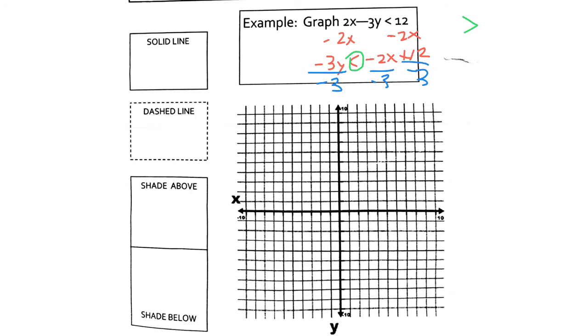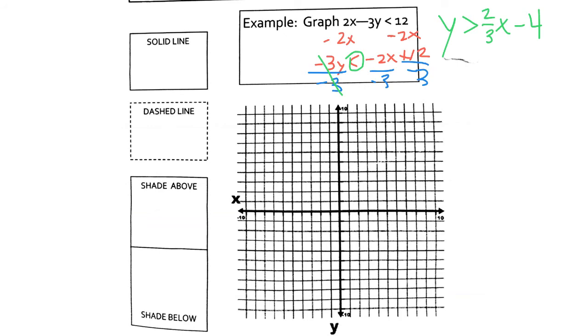Then I simplify: negative 3 divided by negative 3 is y, negative 2 divided by negative 3 is 2 over 3, and positive 12 divided by negative 3 is negative 4. So my equation is y is greater than 2 over 3x minus 4.